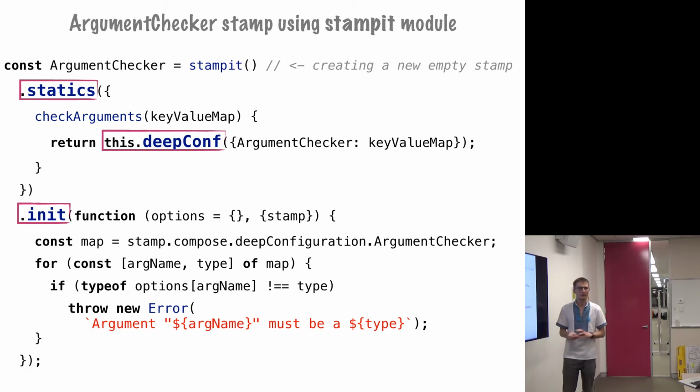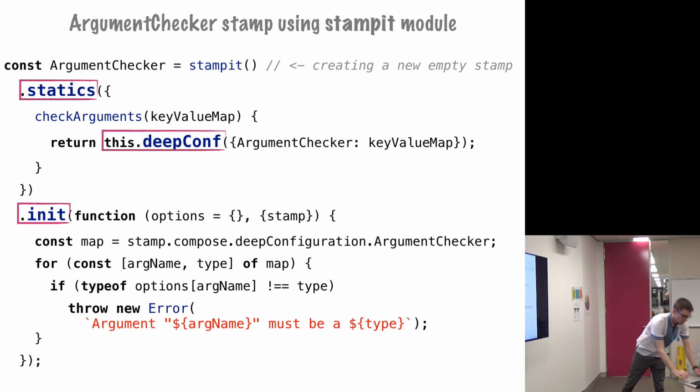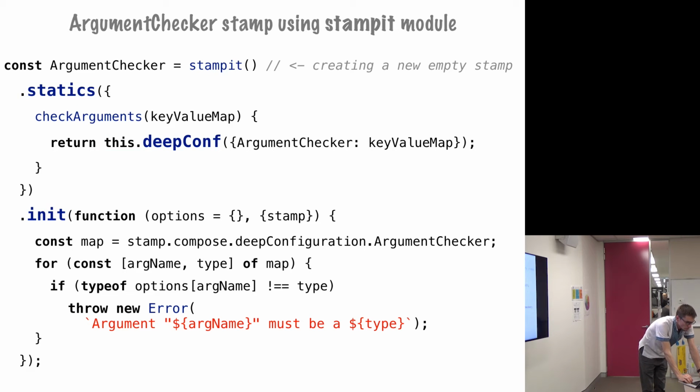What Stampit does is add a bunch of handy static methods to every stamp. Actually, Stampit is nothing else but an infected compose you've seen previously. It just infects your stamp with a lot of different but handy methods. In this case there is a .statics, .deepConf, and .init. It just shortens the code and makes it more readable to my taste.